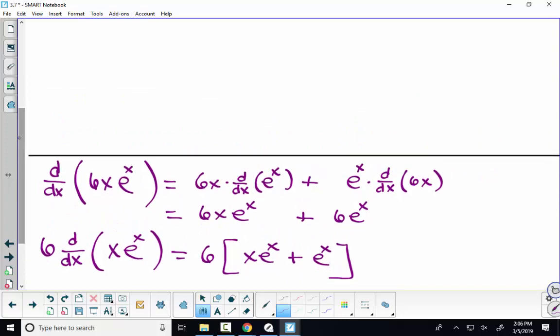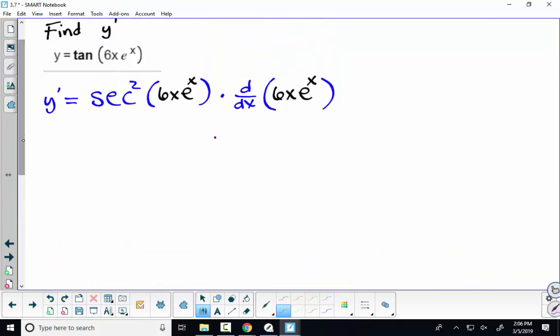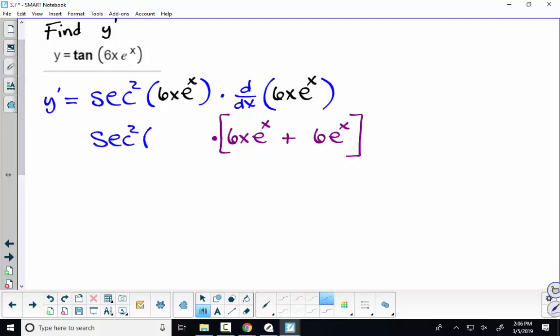Do y'all have any questions on that one? Okay, so we're going to just take 6x e to the x plus 6e to the x in place of this whole thing right here. Just be mindful that both of those terms are multiplied by the secant squared of 6x e to the x.